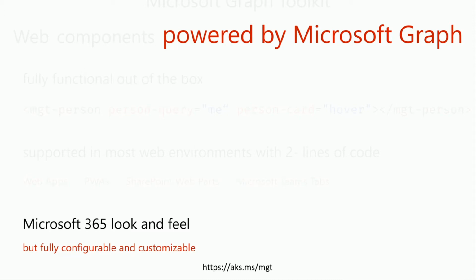We built these components based on the Fabric style, so they look and feel like any other Microsoft 365 experience. But we also understand that developers might want to customize their components and style them to fit their brand. So they're also fully configurable and customizable any way you might want to do that. And I'll show you this in a demo as well.